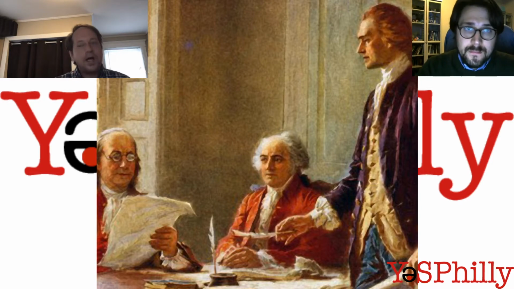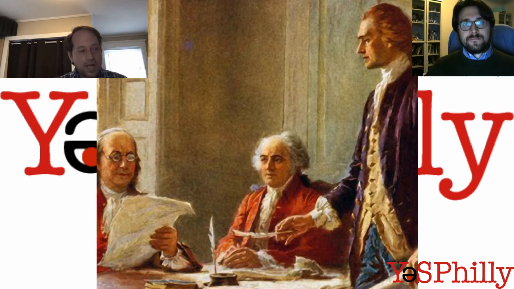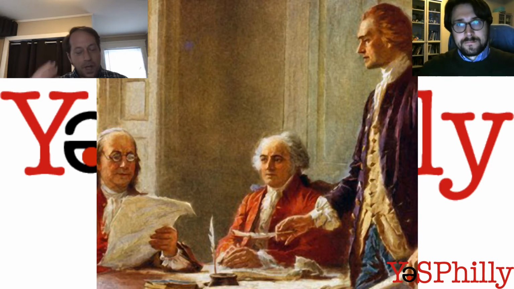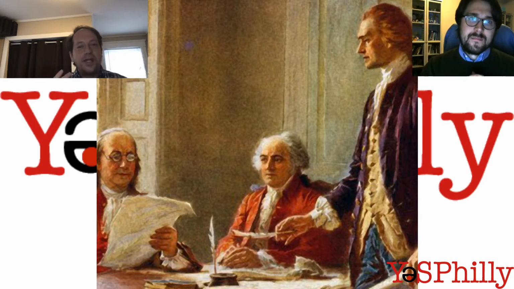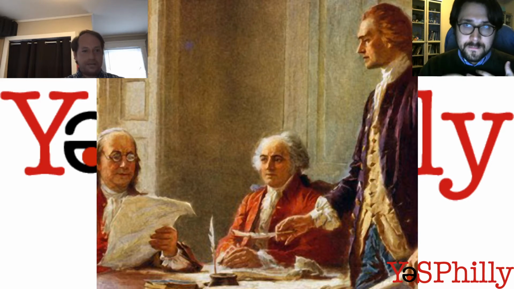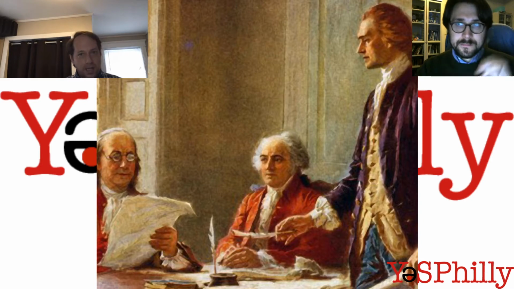Getting some kind of consensus for independence took well over a year of lots and lots of debates. It was a political process. It's about convincing: how do I convince people of my perspective? And it took a long time.